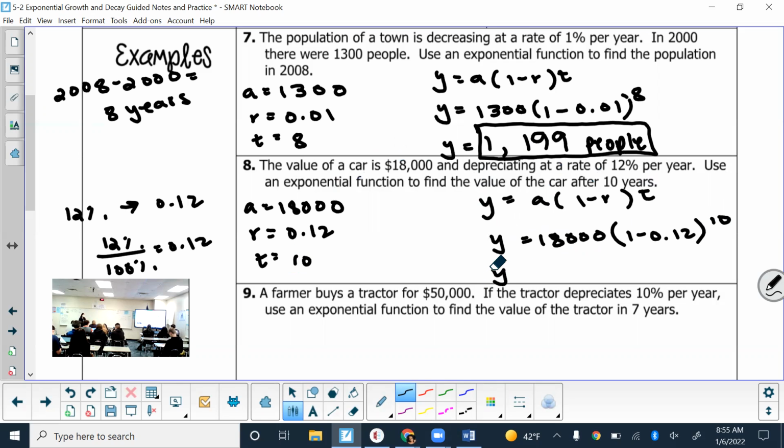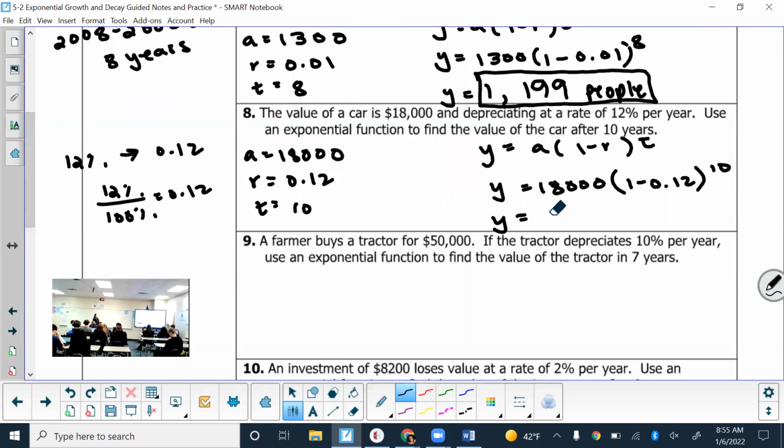What did you get in your calculator? 5,013 point what? All right, let me double check. That sounds like what we got last hour, but again, just like to double check.